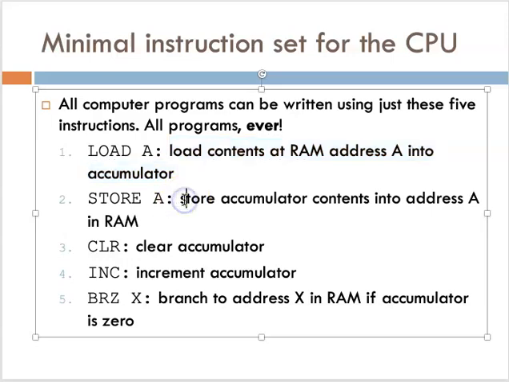So not only can you load the contents from RAM into your accumulator, but you can take values that you've calculated or have in your accumulator and store that into RAM as well. Then you can clear this accumulator, you can increment it, and then here's the magic: branch to a different address if there's some value in the accumulator.